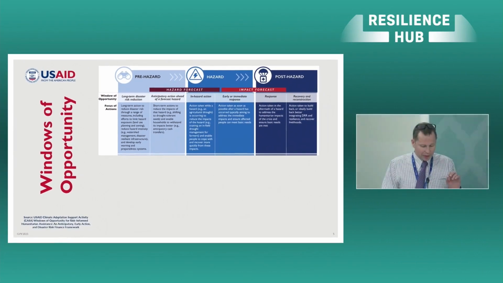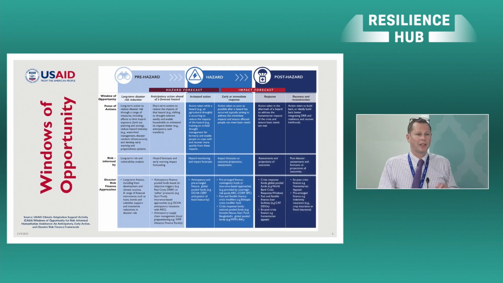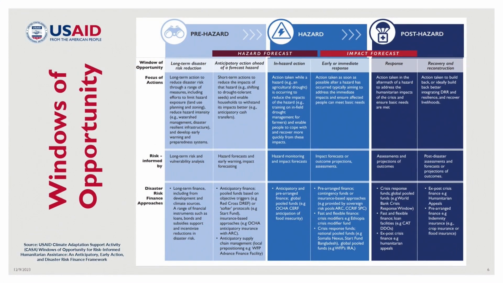And what's important here, if you could go to the next slide, is that the type of disaster risk finance instrument that you use is very much determined by what you're trying to achieve and what window of opportunity you're trying to hit. So, for example, there's a ton of work using parametric insurance, which is very good at releasing money immediately after a hazard has occurred so that you can take advantage of that early action, immediate response window.